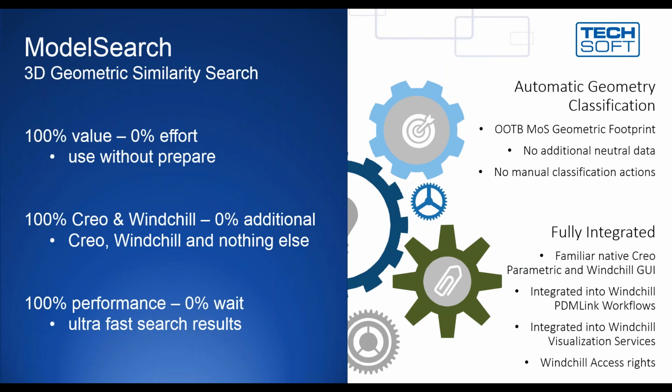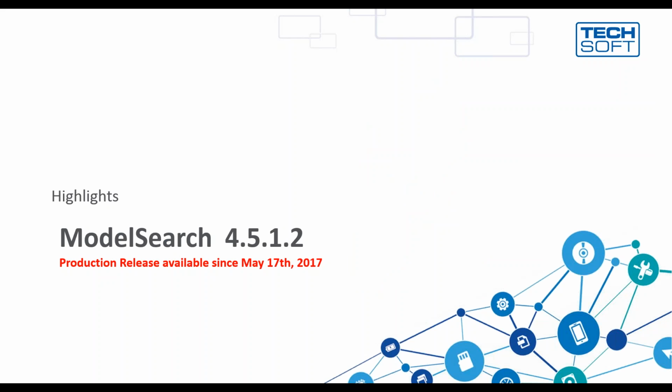Due to the fact that Model Search is using an in-memory technology and has a big data environment in the background, we can guarantee that on the client side, that means for every Creo Parametric user or Windchill user working with Model Search, you haven't any performance issue, even if you have different globally located sites using it. The bottleneck always is the bandwidth and the performance in Windchill, but with Model Search we can guarantee that there are no performance issues.